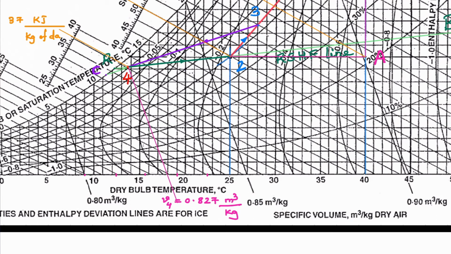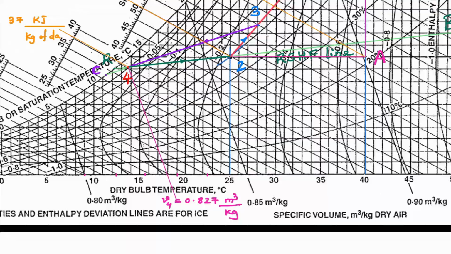So I have drawn a line parallel to either of these lines passing through point 4. Suppose this is 0.81, 82, 83, 0.84 and this is 0.85. So approximately V4 value I am getting as 0.827 meter cube per kg of dry air.